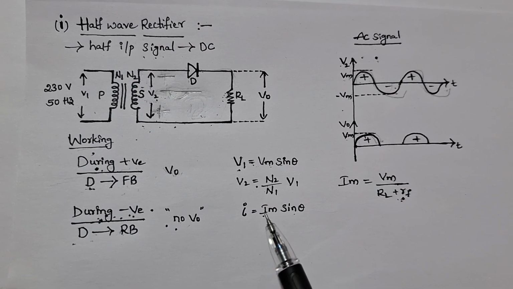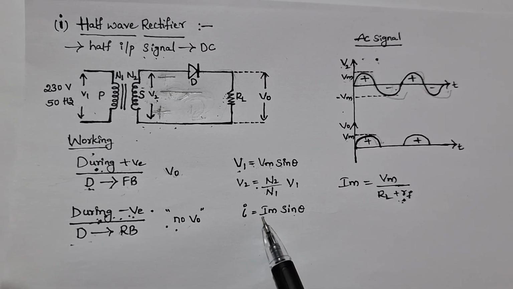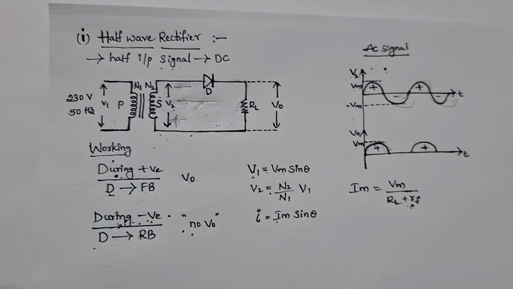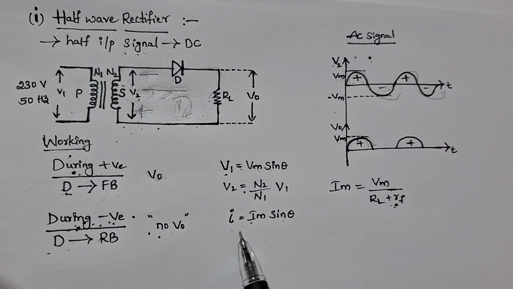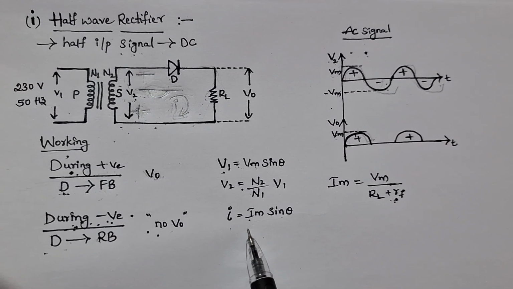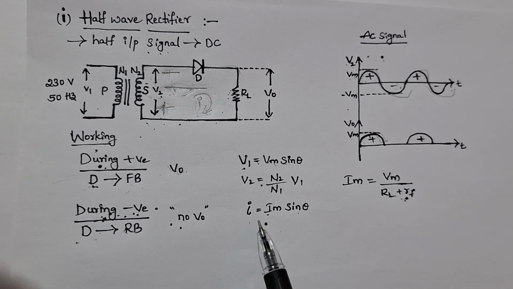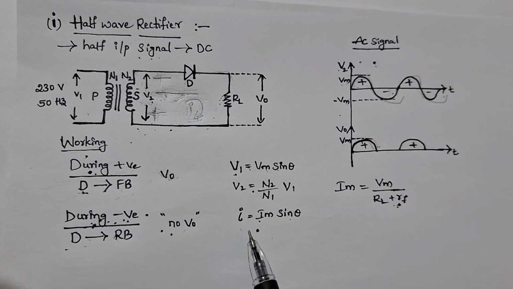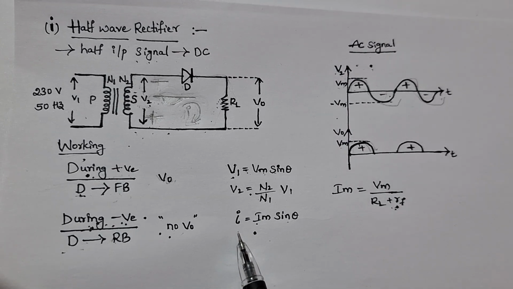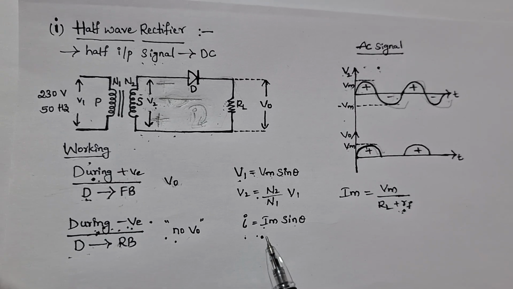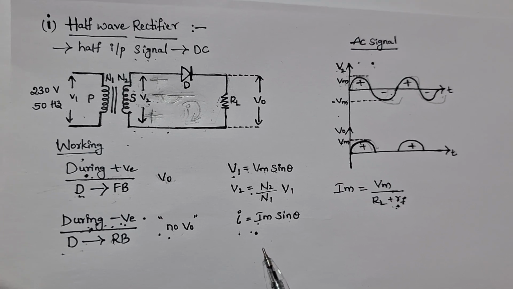Yes, we can write the equation of I. Now we can write the equation for I which will be produced during the positive half of the input cycle.